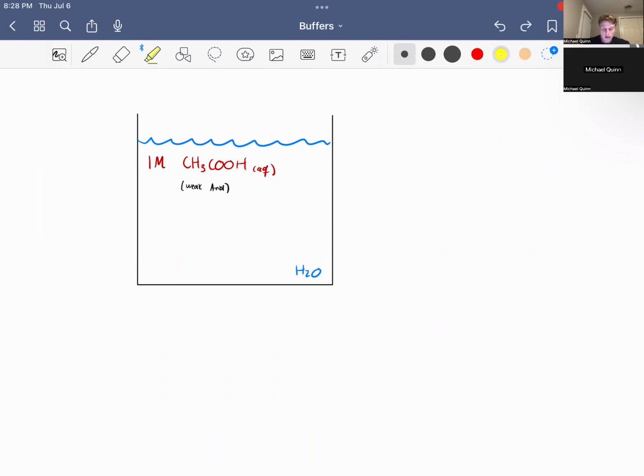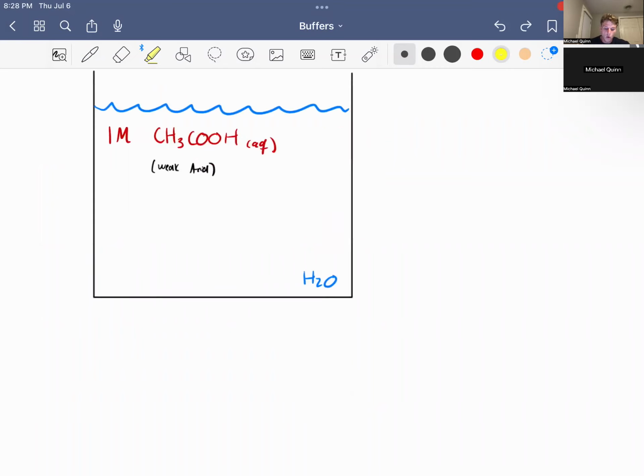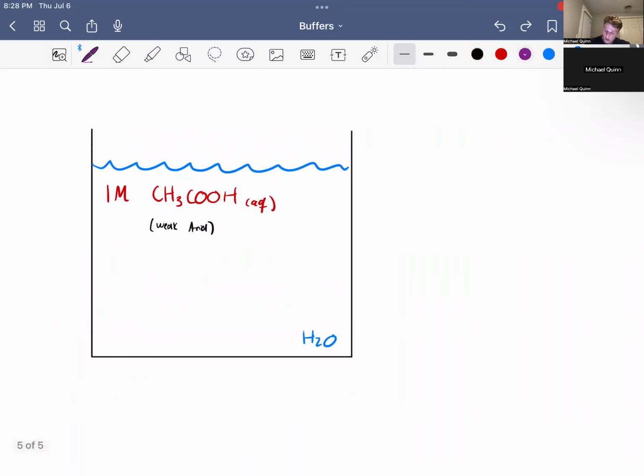So what can we do to create a buffer? Well, we can run a titration where we can add a strong base.